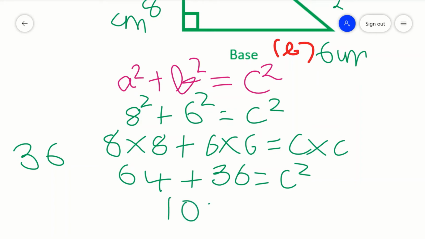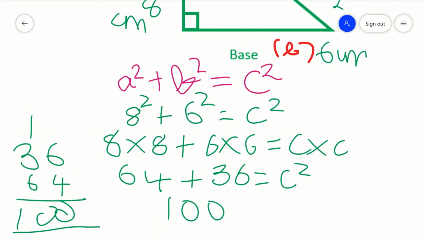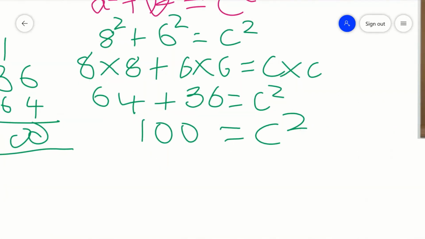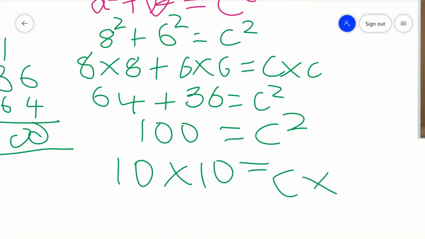So 100 is equal to C square. So what into what is equal to C into C? 10 into 10 is equal to C into C. So C is equal to 10.